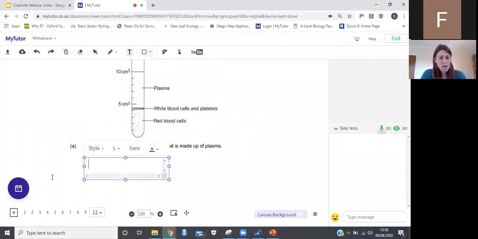So here we have the difference between them, 5.5 divided by 10 times 100. 55%, that one.